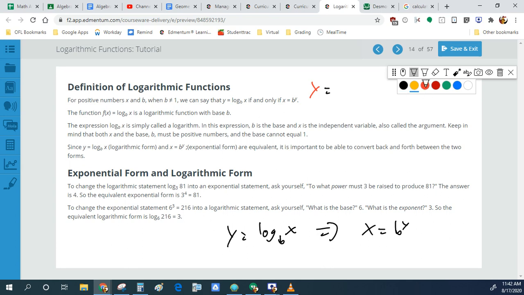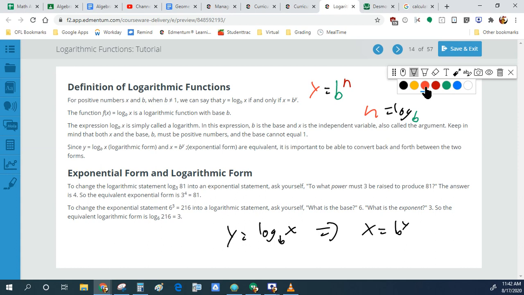I think she did base and then number. So when you wrote the other way around, it was like y equals log your base, but instead of this being your y, this was really your number.